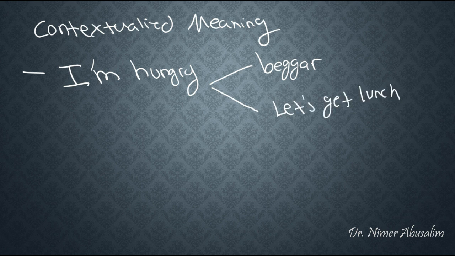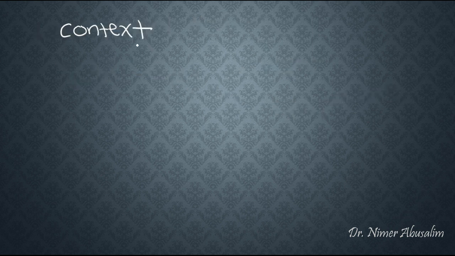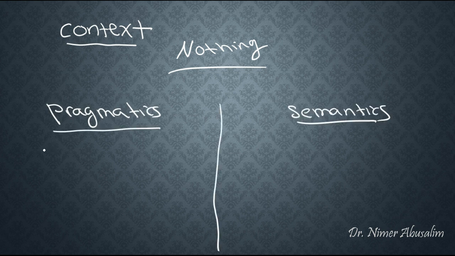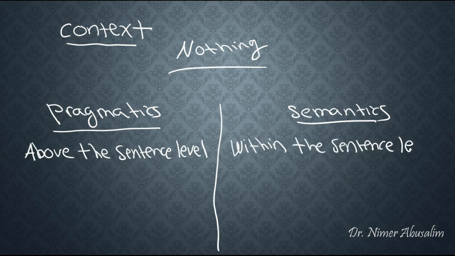Alright, so what is semantics going to do with context? Well, actually nothing. See, context has its own place, and that place is pragmatics. We are dealing with semantics. The difference between the two: pragmatics deals with language above the sentence level, but semantics deals with language within the sentence level.